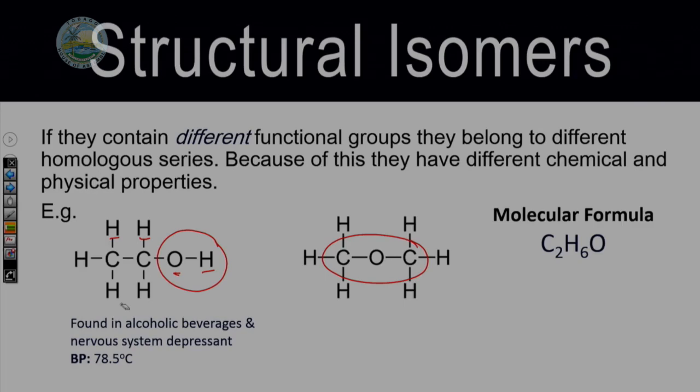The first one is found in alcoholic beverages and is also a nervous system depressant. It has a boiling point of 78.5 degrees Celsius. The other is non-toxic and is used as an anesthetic at high concentrations, and it has a boiling point of negative 23 degrees Celsius.